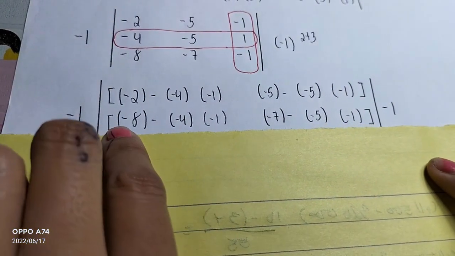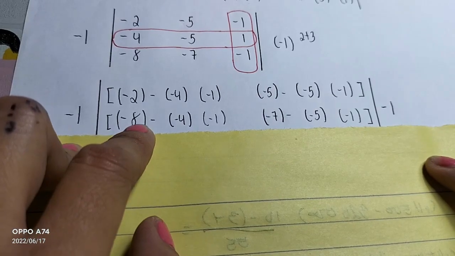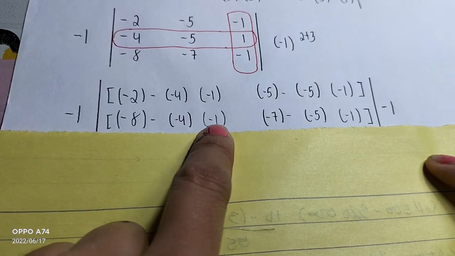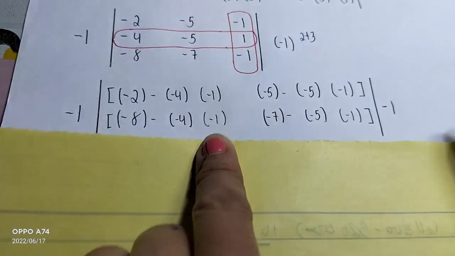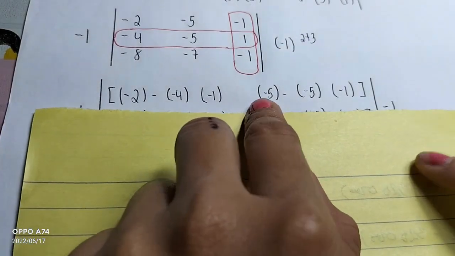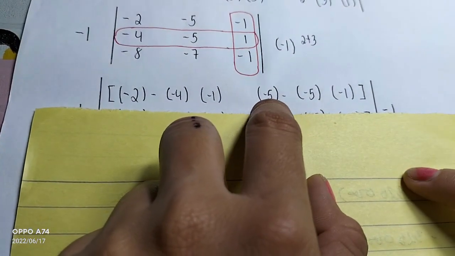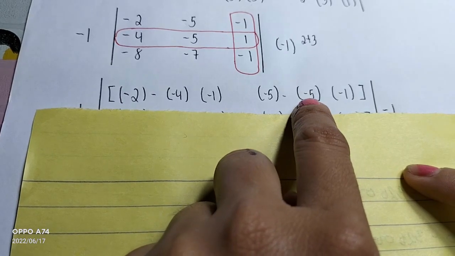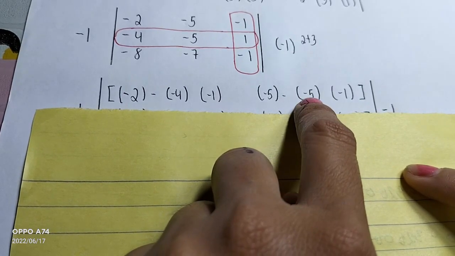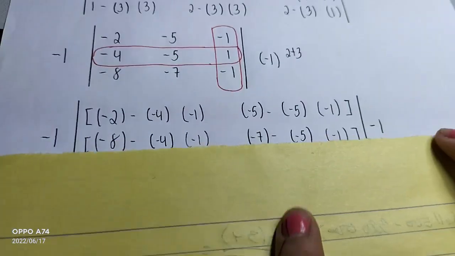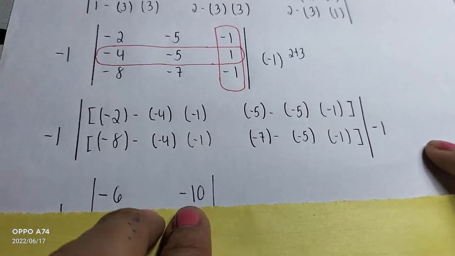And second is quantity of negative 8 minus quantity of negative 4 multiplied by quantity of 1 equals negative 12. Quantity of minus 5 minus quantity of negative 5 multiplied by quantity of negative 1 equals negative 10.